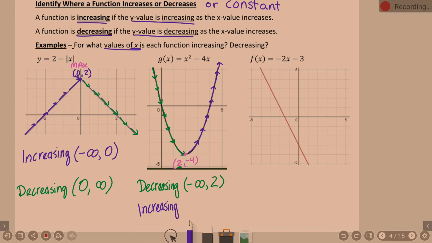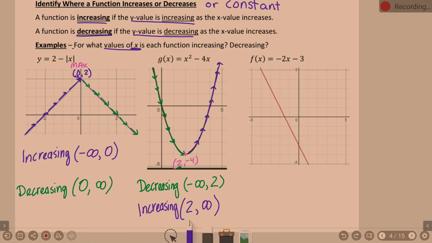Okay. When do we start increasing? At 2. Because where did we stop decreasing? At 2. So we're going to start increasing at 2. When are we going to stop increasing? Never. As we continue to go up, we're going infinitely right, so infinity. And guess what? We're going to use parentheses.